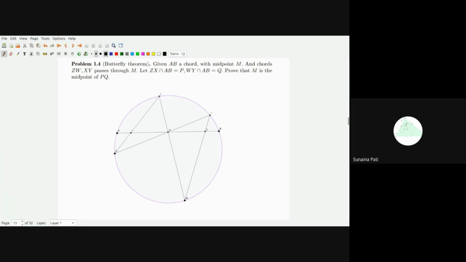The good points in this theorem are A, B, P, Q, and M. So you want a cross ratio which involves A, B, P, M, and Q.